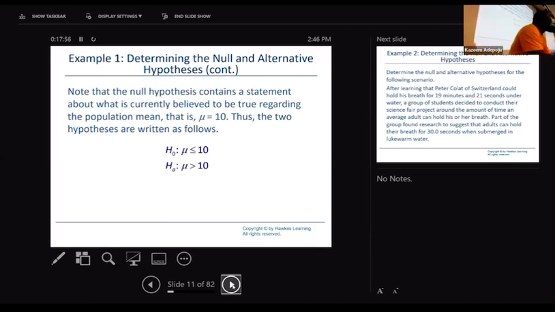Yeah. You want to ask a question? Yeah. Because what we always want to test is this: is the null hypothesis true or not?